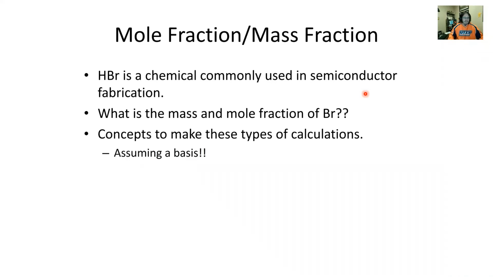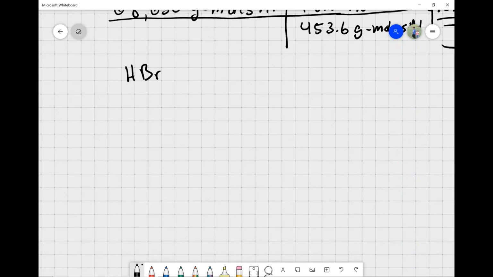The key thing is assuming a basis, and hopefully by the time you've finished watching the basic skills videos, you'll be a pro at assuming a basis. So let's take a look at this example right now. All right, so this is our final example.